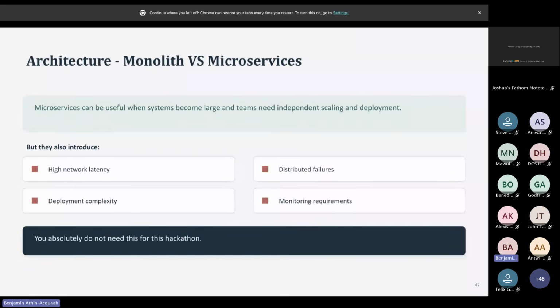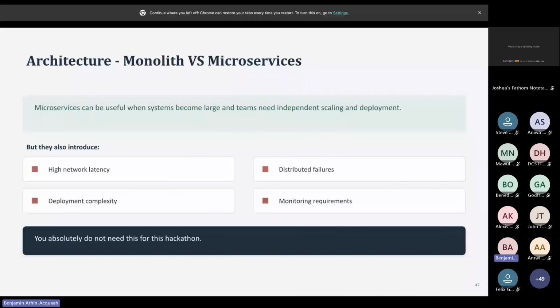Okay, so we have monolith versus microservices as software architecture. Can anyone tell us what the difference is? We are very close to getting to the end of the slides. I think we have two more slides.